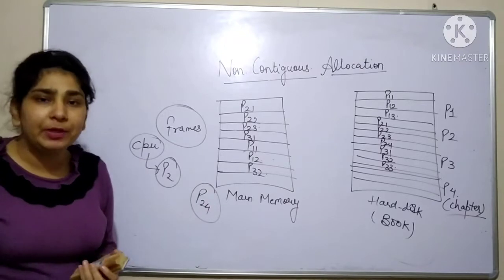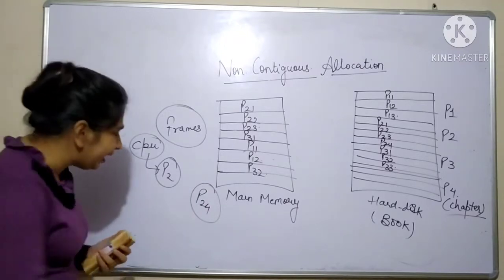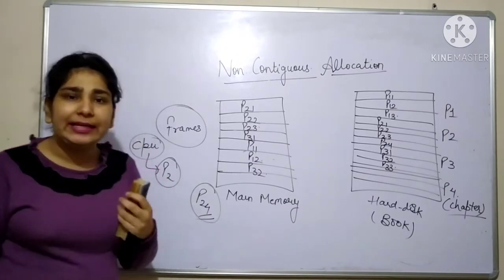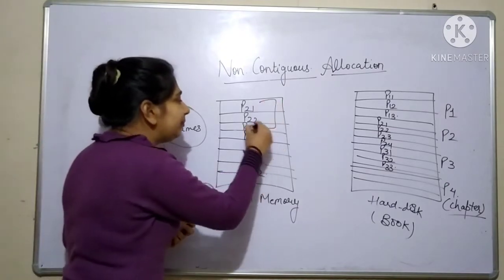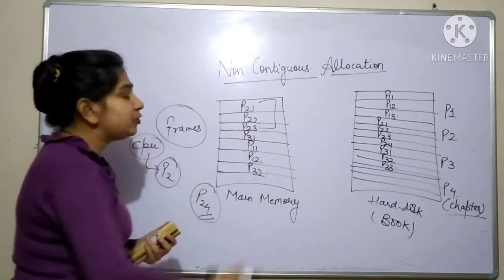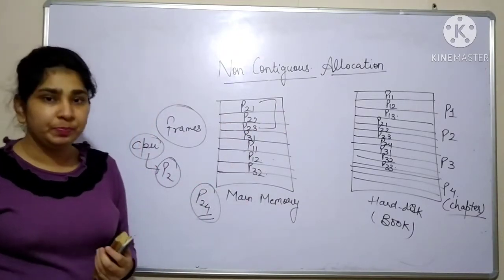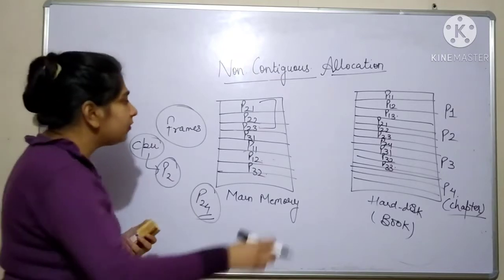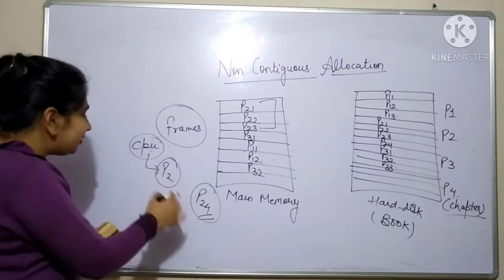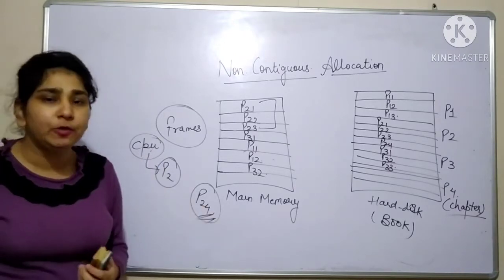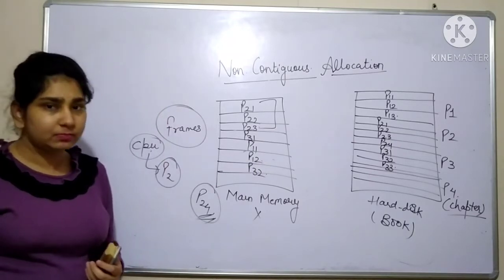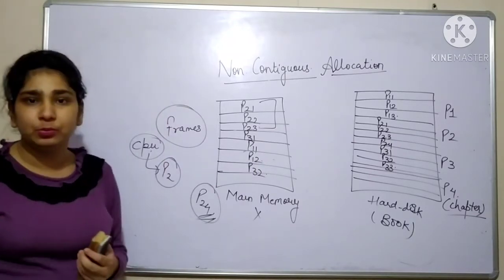Your CPU needs an instruction from page P24, but you have not kept that page in the main memory. You have stored some of the pages of process P2, but not all of them. If your CPU is requesting page P24, which is not present in the main memory, what do you have to do now?